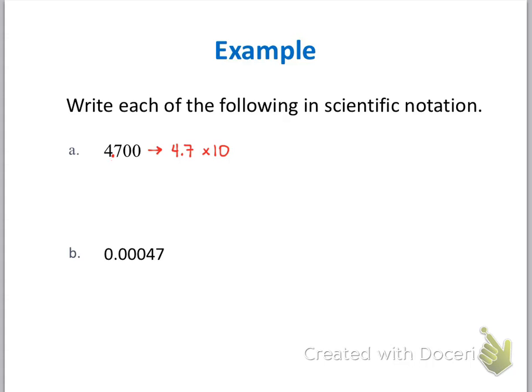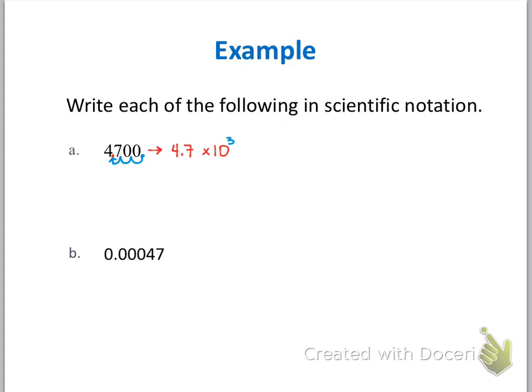Well, where was the decimal point initially? It was here. And we moved it 1, 2, 3 spaces. It's a positive 3 because it represents a large number. If it was a small number, it would be a negative 3. Let's try a small number.